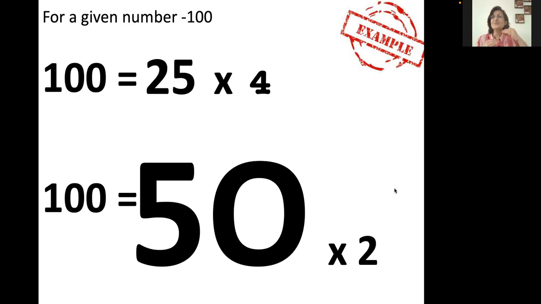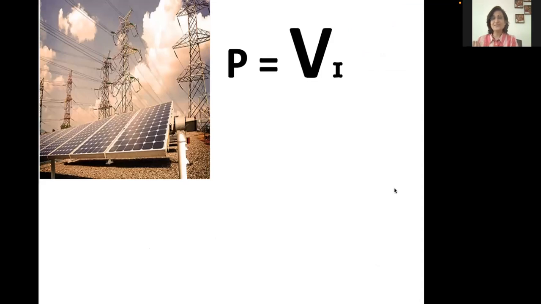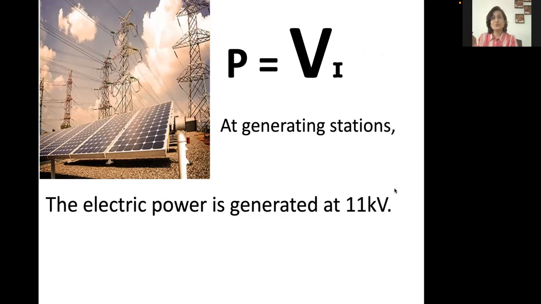So you can go on increasing the voltage and thereby the current goes on decreasing for a fixed power, right? So that's the reason at the generating station, we have increased the voltage to 11,000 volts so that the current is less.